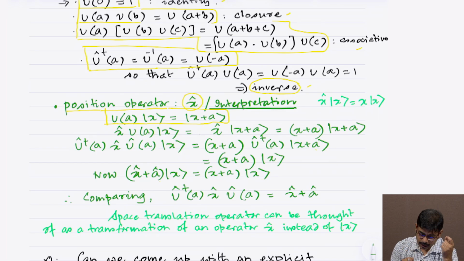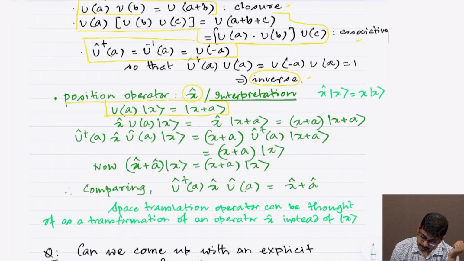Now, let us think of having this operator, the position operator x hat plus a, acting on x. What exactly is it going to give you? It is going to give you x plus a times x. So, therefore, this last operation you did is equivalent to saying that this is the operator x plus a acting on x, correct.